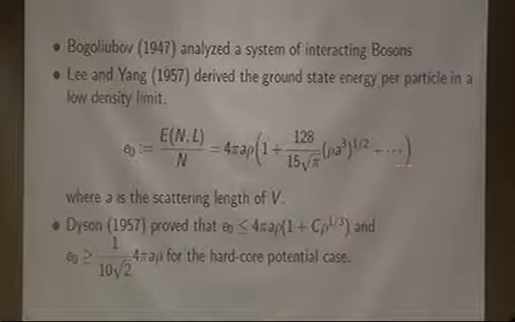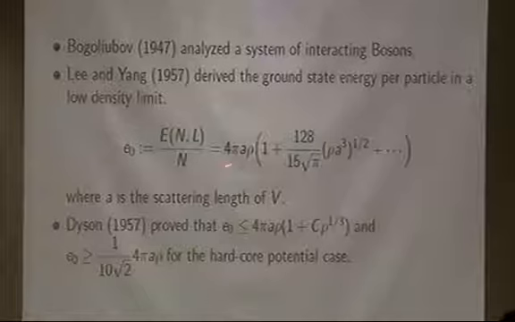The upper bound is a little worse than this, because rho is very small, so rho to the 1/3 is larger, and if the upper bound is larger, then it is a bad one. The lower bound is much smaller, because it has an additional factor of 1/10 square root of 2.